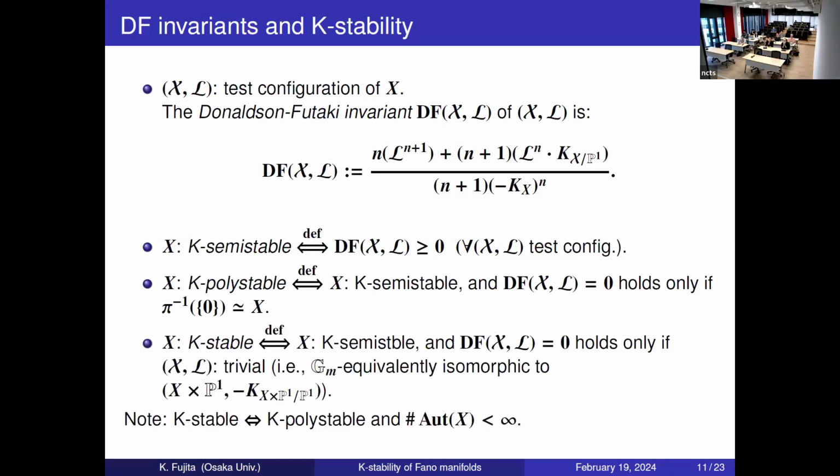And K-stability: semistable, and DF equals 0 holds only if the total family is trivial, equivalently the test configuration is isomorphic to X times A1 together with the anti-canonical polarization. These are the definitions of K-semistable, polystable, and stable. In fact, K-stability is nothing but K-polystability and the automorphism group being finite.